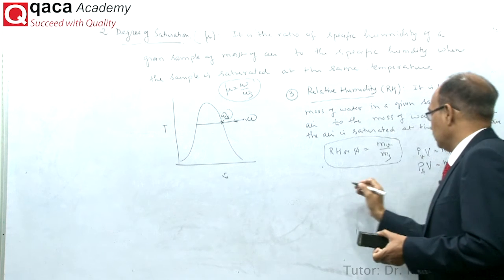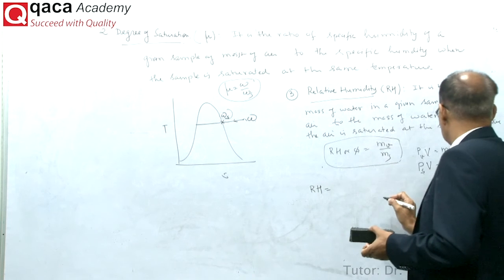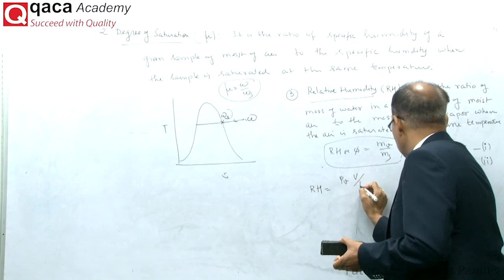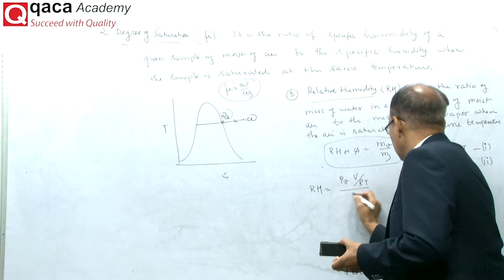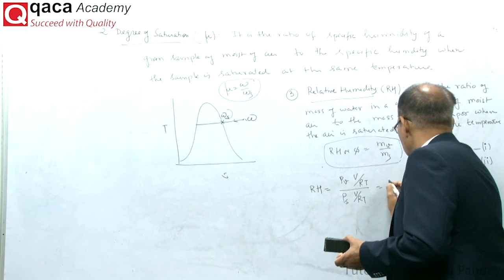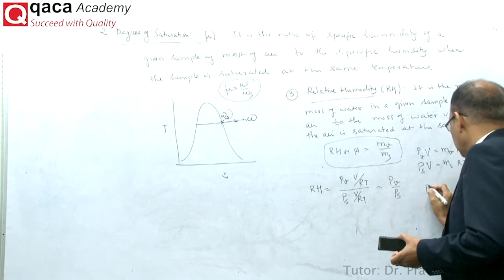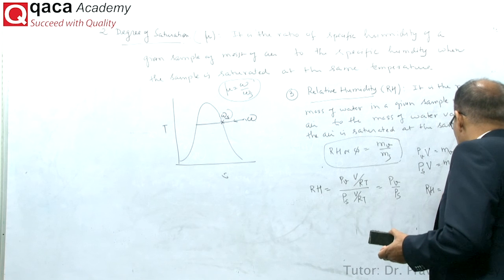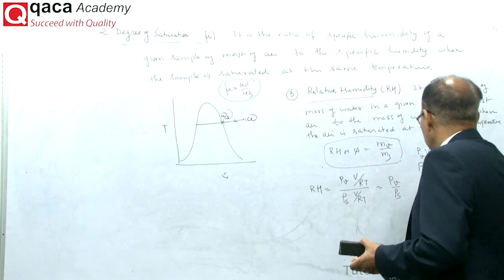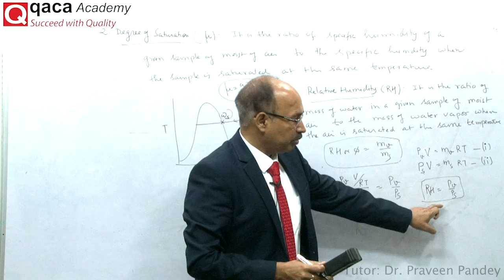Using these two equations, we can write RH as m V by m s, which is P V V by R T over P S V by R T, or simply P V by P S. So, RH is equal to P V by P S. This is the most commonly used form of RH in problem solving.